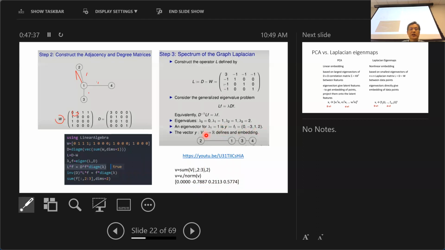I don't know what package they use, since we have a slightly different solution for the embedding. They use an index starting from 0, so lambda 0 and lambda 1 indicates the second largest eigenvalue.